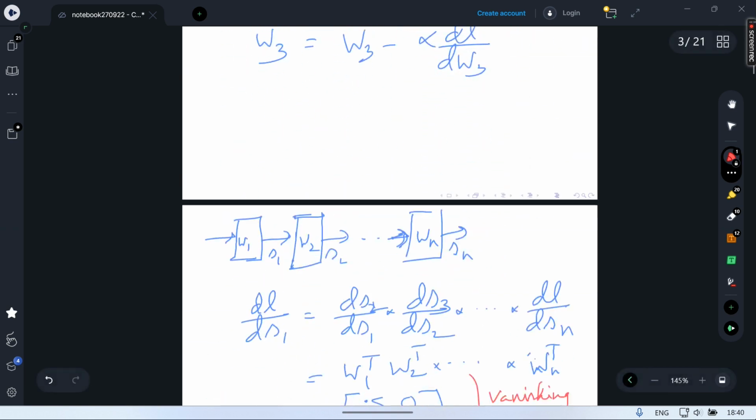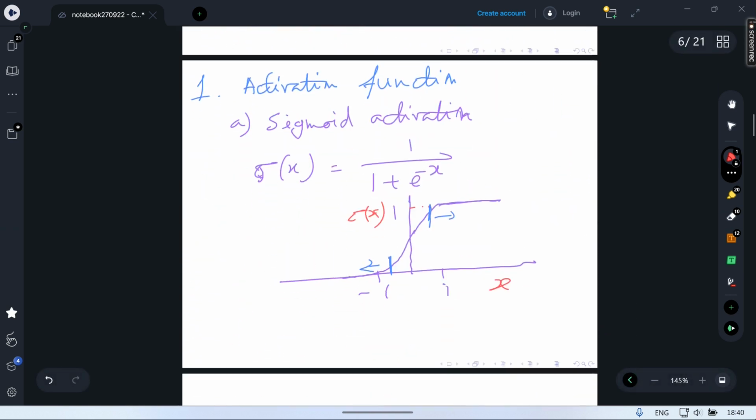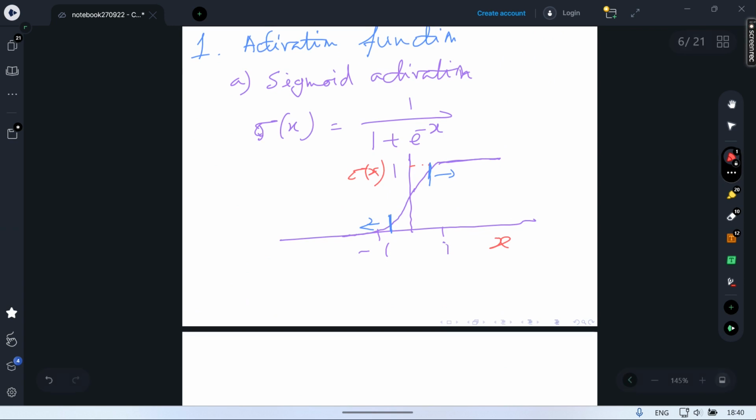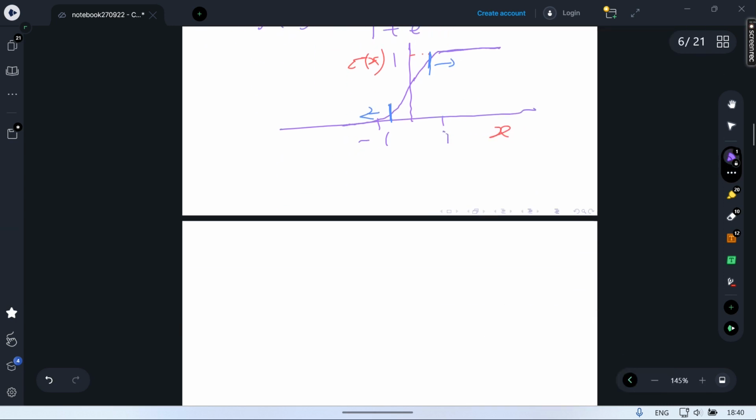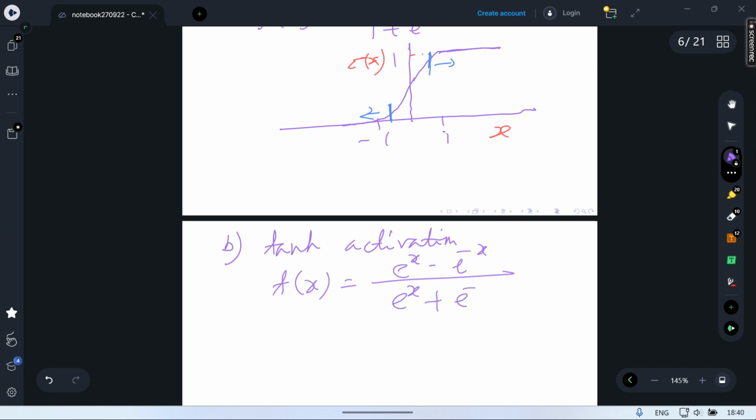Okay. Now there is a later improvement of the sigmoid activation function, which is called the tanh function. This is something like this, where tanh of x is nothing but e to the power x minus e to the power minus x, over e to the power x plus e to the power minus x.